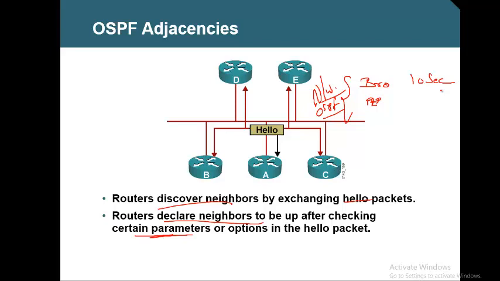If they stop sending hello packets for 40 seconds, the neighbor which did not receive the hello packet will discard the neighbor who did not send it. So we call it the dead time or hold time, 40 seconds.